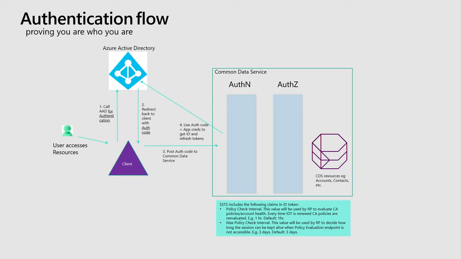We secure it by saying only a list of applications that we register can do that. In this case, we have a special registration for our app, and it's a secret. We take it and pass it to AD, and AD is going to return something called an ID token. This is identity.